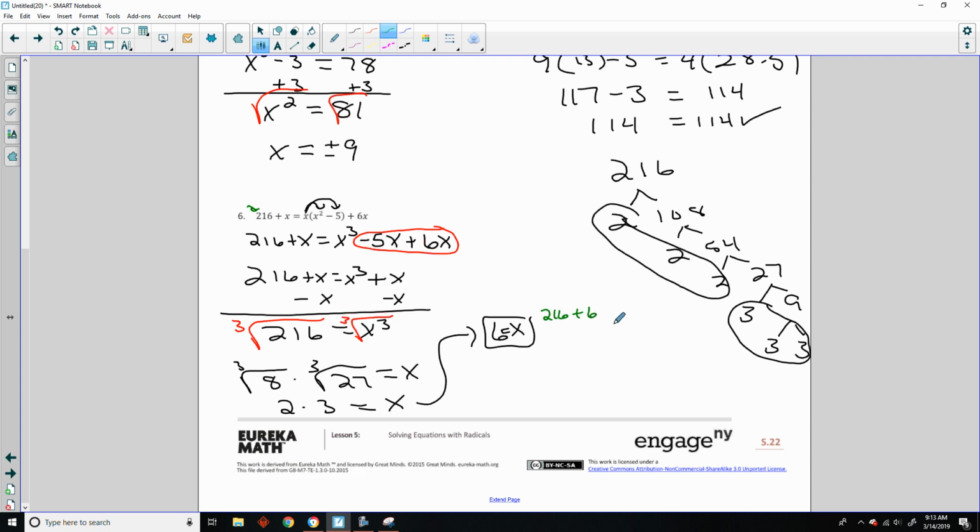Plus my x equals x times x squared minus 5 plus 6 times my x. 2 times 6 is 12 plus 6 equals, oh, that's 216. Silly me. That's 216 plus 6 is 222.